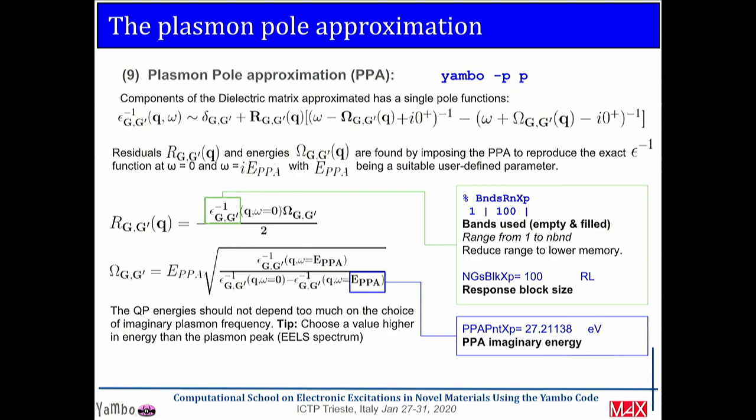Again, the dimension of the matrix here, G G prime. This is the RL, which stands for reciprocal lattice. You will see this afternoon. You can also give a cutoff in energy. And here, the number of bands in the summations that you need to converge. I mean, the electron-hole pairs you have to include in your polarization. Okay.